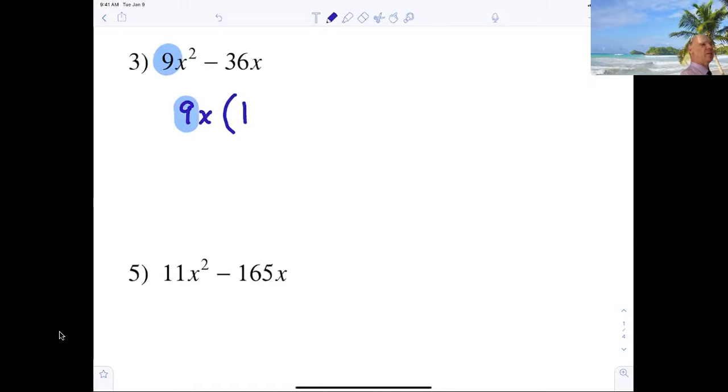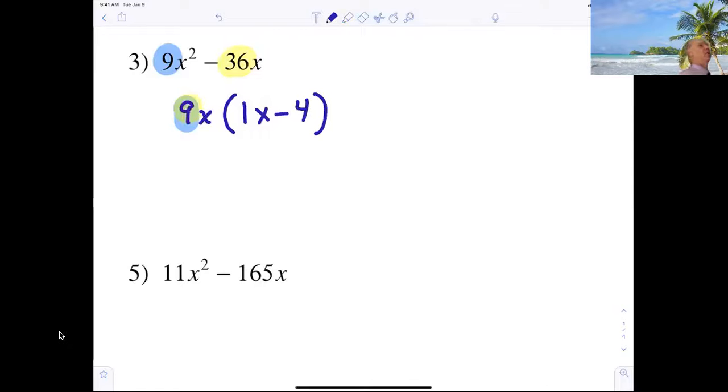So how many x's are left? 1. Then minus, divide the numbers. 36 divided by 9 is 4. How many x's left? 0.